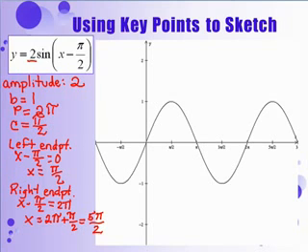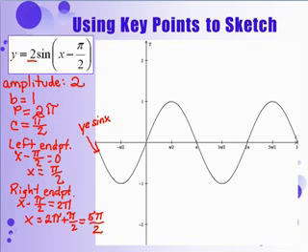Okay, so let's start graphing. What I have for you already drawn here is a sketch of y equals sine x. And we're going to use this in order to help us graph our points.